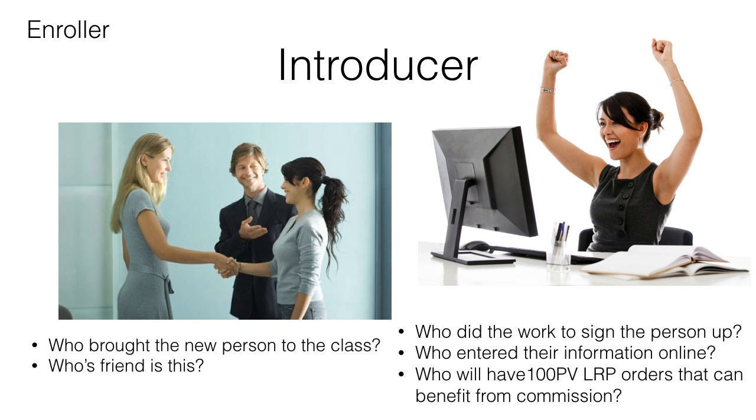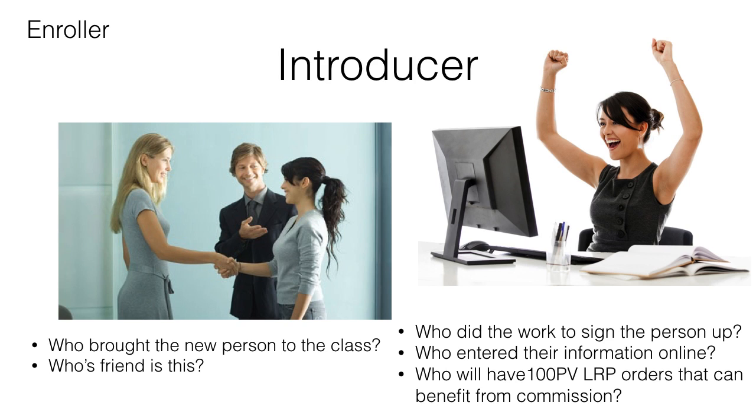But to qualify for that, he'll need to have an LRP order of 100 PV or more. Jack may or may not be interested in that. If he's not interested in that, don't make him the enroller. If he is interested in that, you'll want to make sure that he gets the referral fee, or what we'll explain later is fast start, for introducing this new enrollee.